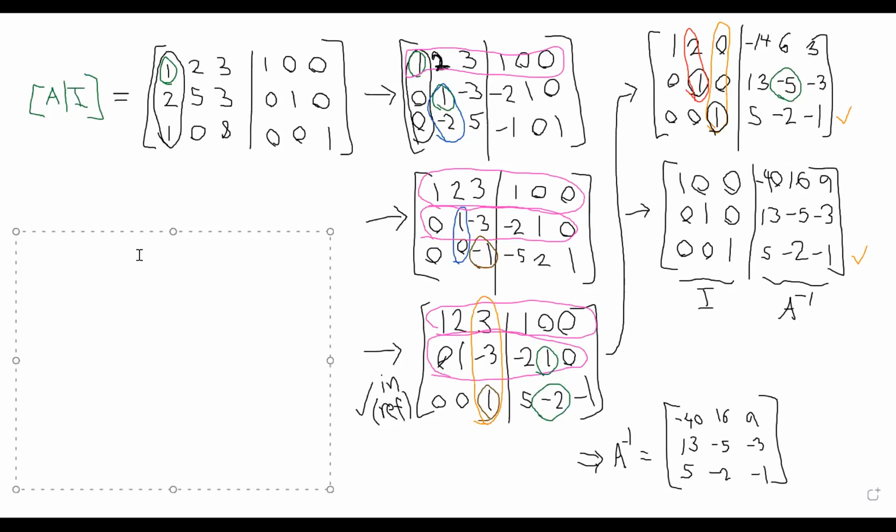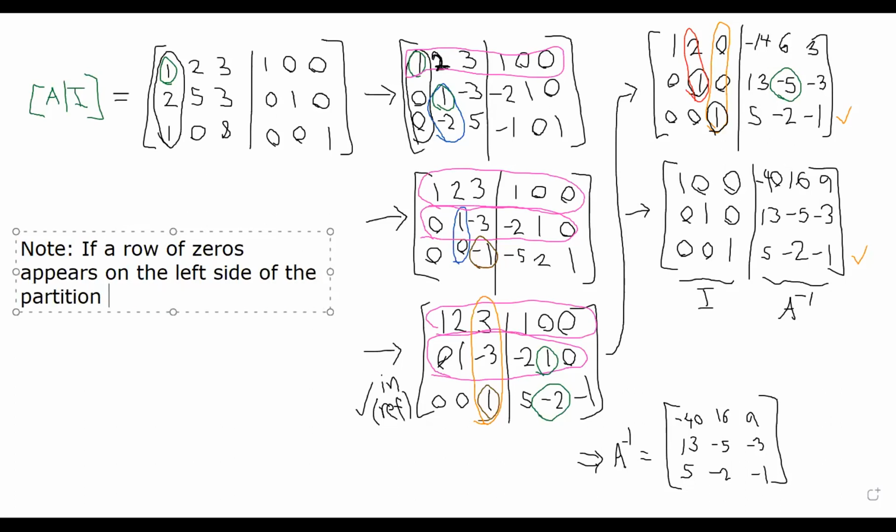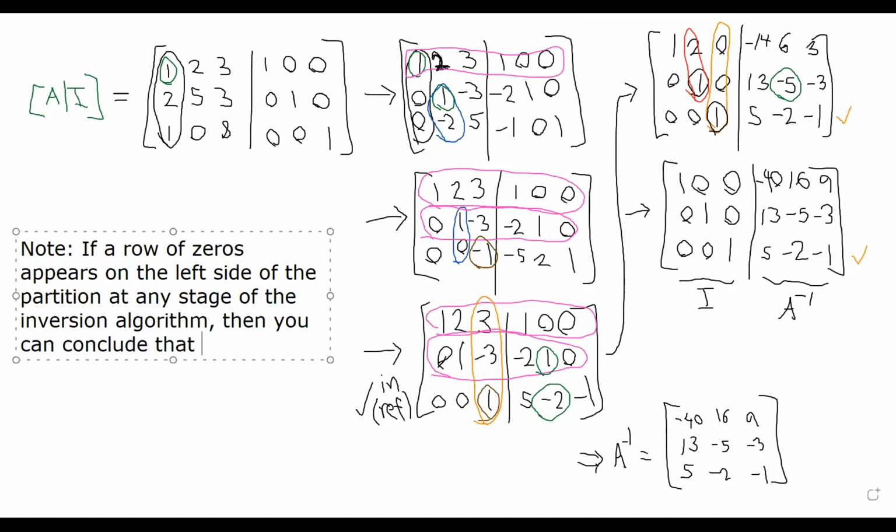And so as a note, if a row of zeros appears on the left side of the partition at some stage, at any stage of the inversion algorithm, then you can conclude that matrix A is not invertible.